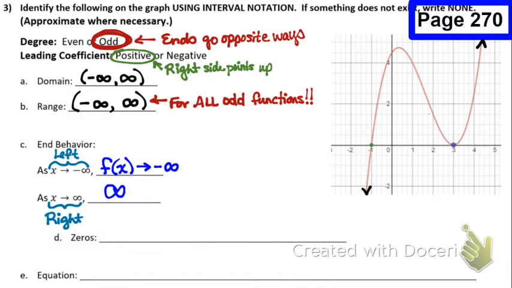As x approaches infinity, as I look on the right side of my graph, infinity. That doesn't make any sense. When I read the sentence up above it, it says, as x approaches negative infinity, as I look at the left side, f of x, this is my graph. My graph goes to negative infinity. My graph goes down.